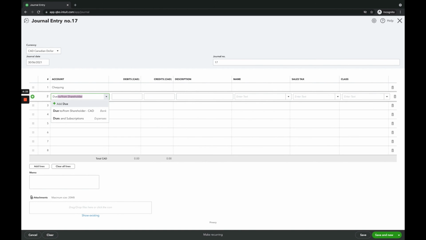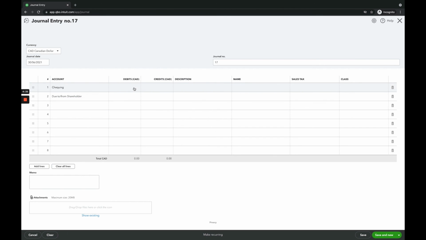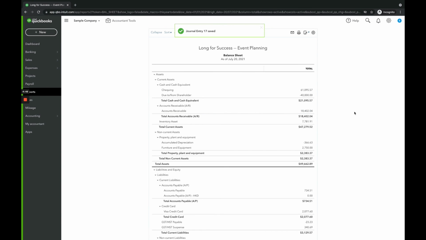So the due to / from shareholder account will be credited $60,000. Now you can see it says negative 40,000, which means, like I said a while ago, the account is in credit, which means that the business owes you $40,000.